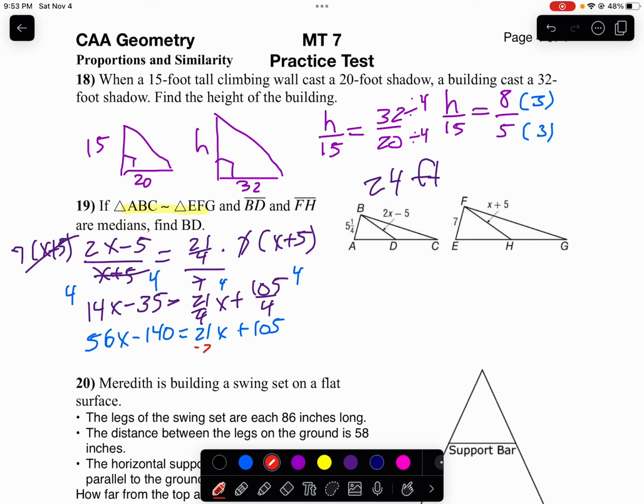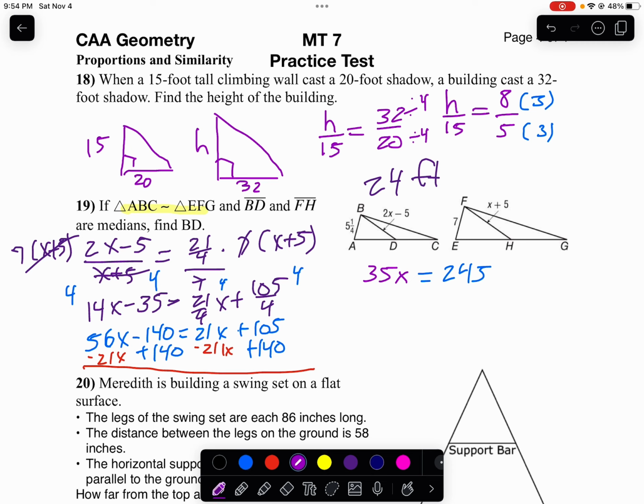So let's subtract 21x from both sides. And I think I'll write that over here to the side. So 56 minus 21 is 35x. Well, at the same time, let's just add 140 to both sides. So I'll get 245.